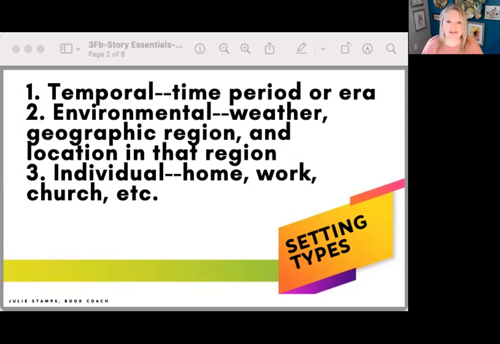The second kind of setting is environmental, which includes weather, which could be stormy, sunny, snowy, etc., and geographic location, which is East Coast, Midwest, mountains, and location within those parameters of city, suburban, country, small town. And the final setting type is individual to the character.